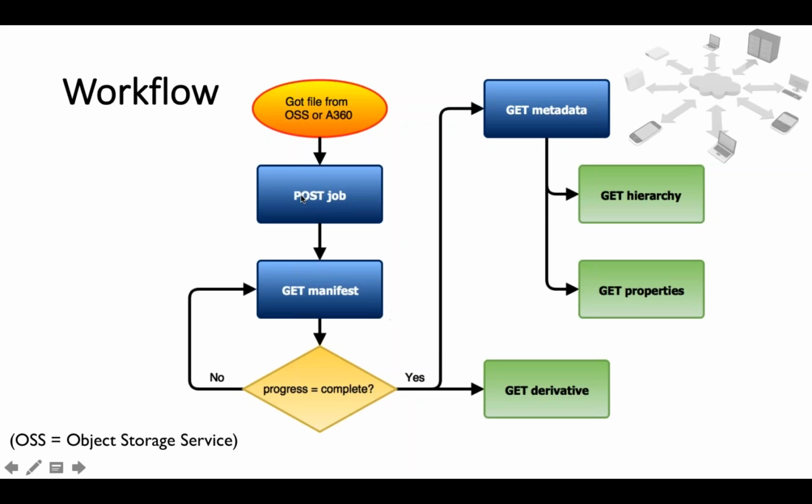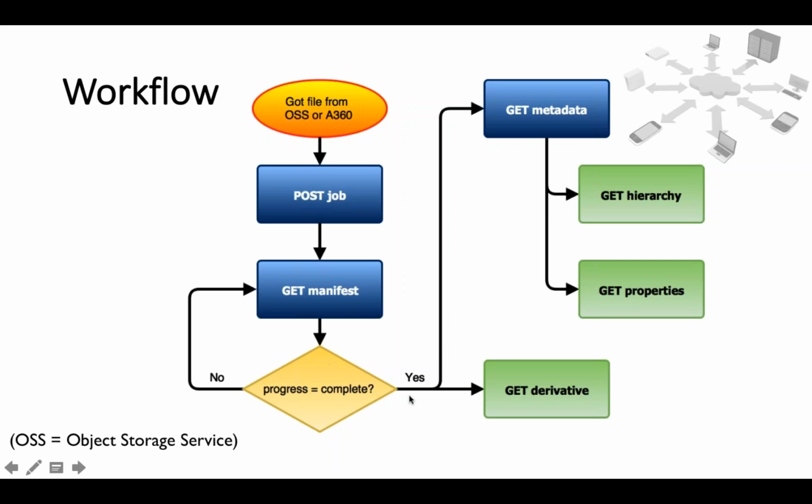So at the moment, once you have posted a job, the way to know that the translation is complete is to access the manifest and check its content, to check whether the specific derivative that you requested is available or not. I keep losing my mouse. If this specific derivative is not available, then you might just pause your application for a while, or set a timeout typically, and do that until the specific derivative you're looking for is available.